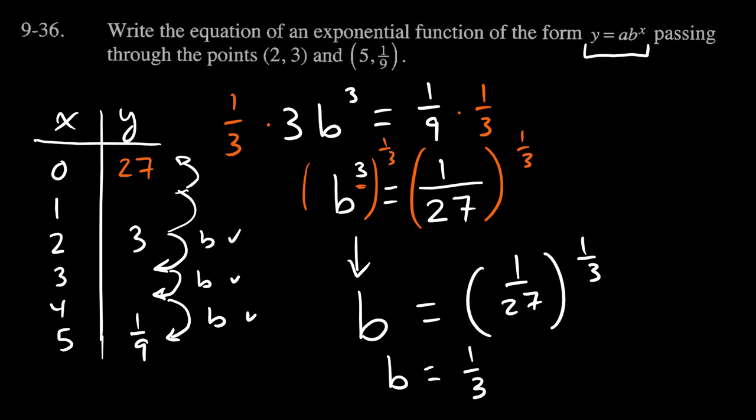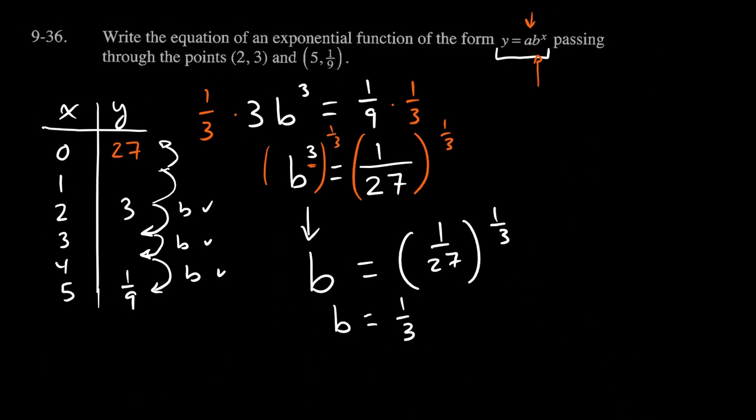So now we have the two things that we need. We have our 0th term, a, and we have our multiplier, b. So I can now write this as y equals 27 times 1/3 raised to the xth power. And you've seen me check these a lot. If I throw in x right now into that, if I put in 2, that's going to be 27 times 1/9, which is 3.